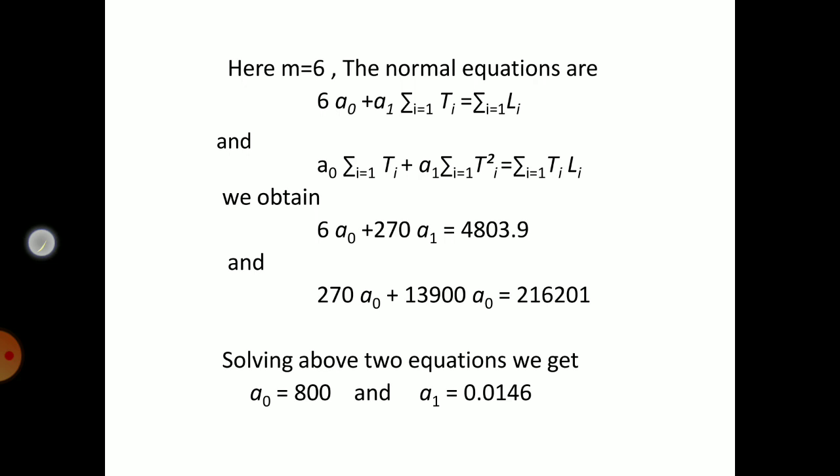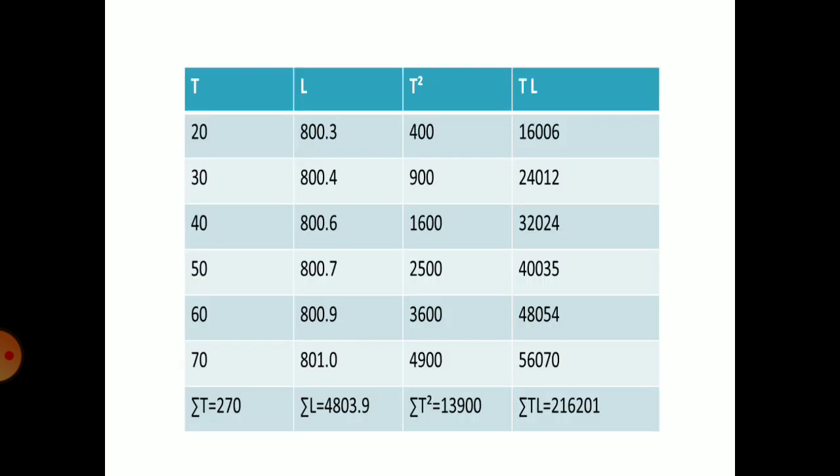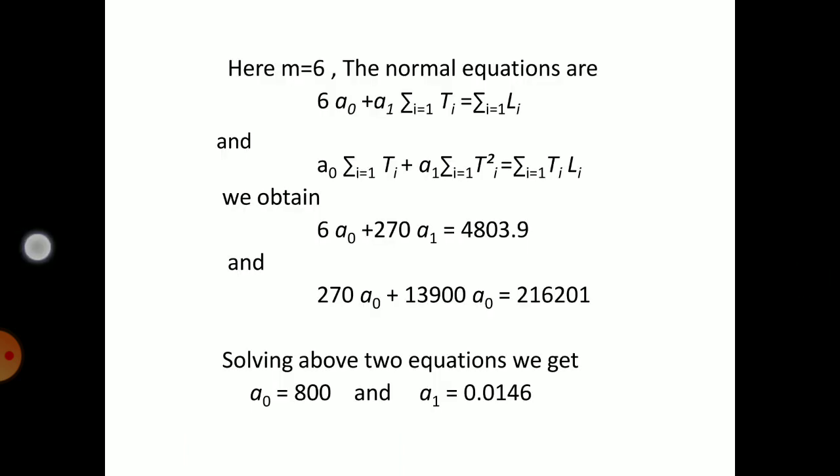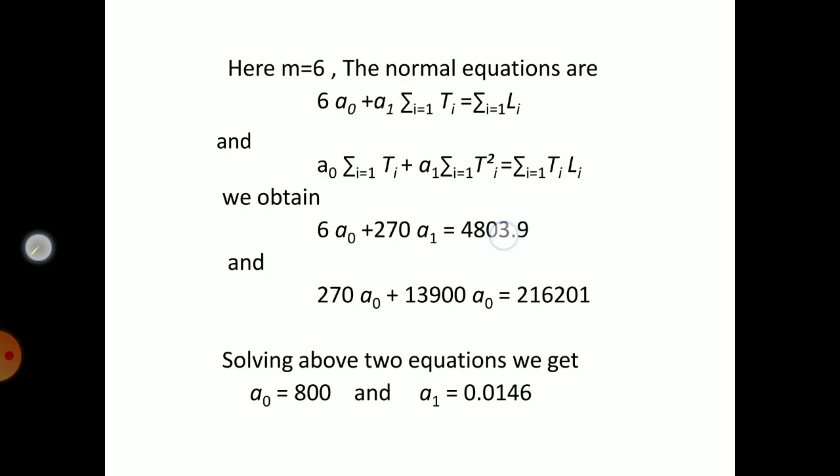From the previous table we shall put the value 6 here, a0 as it is, a1 into summation of Ti. Summation of Ti is 270, then summation of Li, you can see, is 4803.9, which we have taken here.